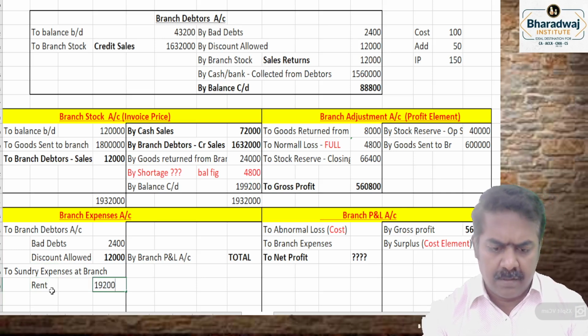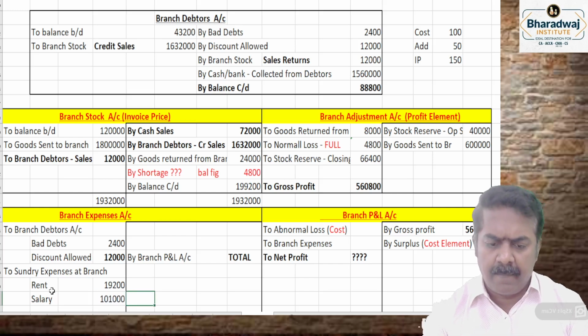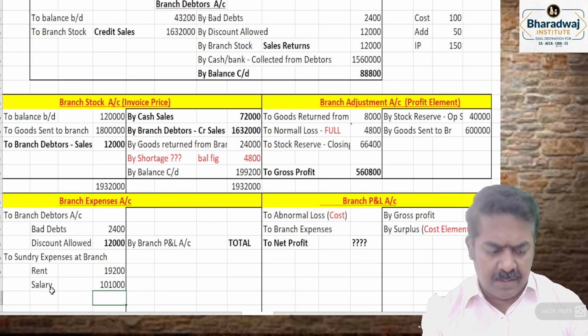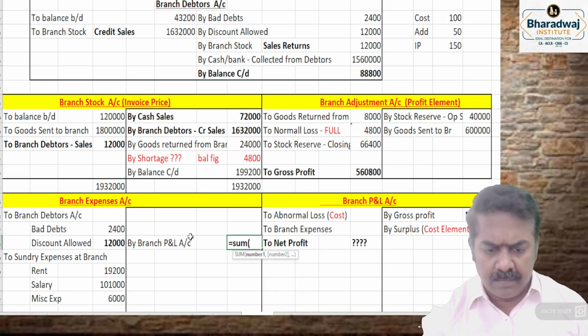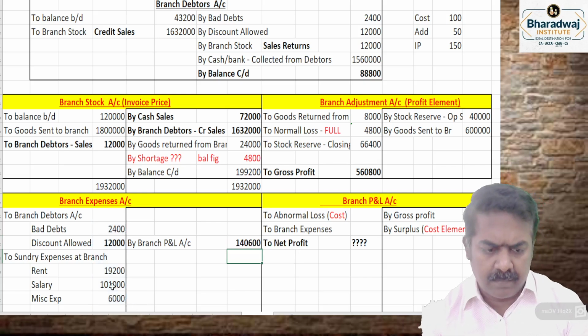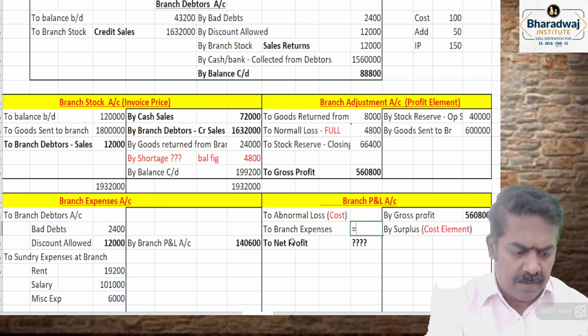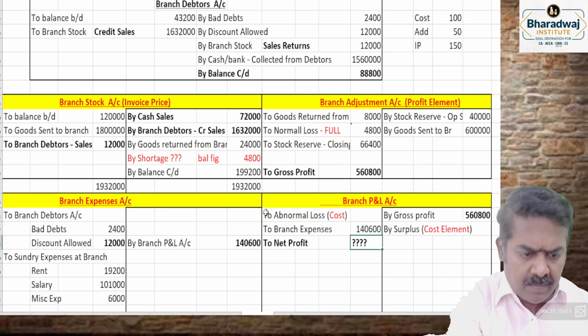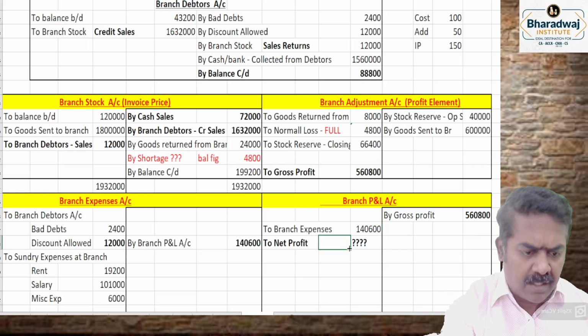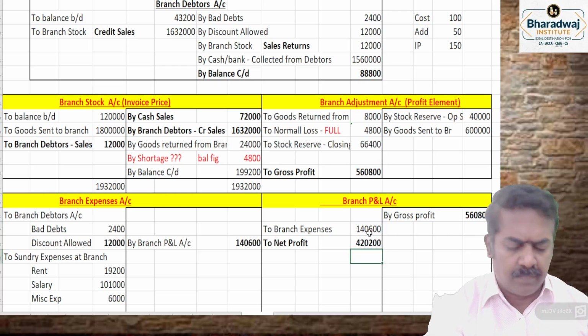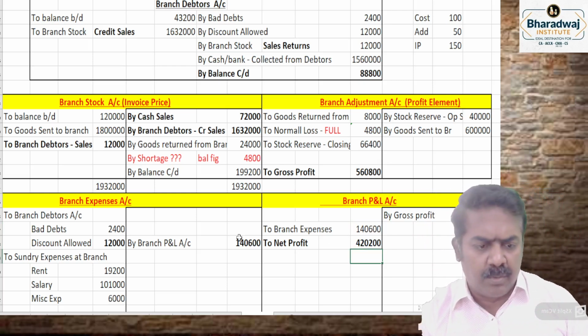Then salary. Then sundry expenses, miscellaneous expenses, 6,000. Total we can transfer to P&L account. Branch expenses. The shortage in stock, we take it as normal loss. Profit will be 4 lakh 20,200.